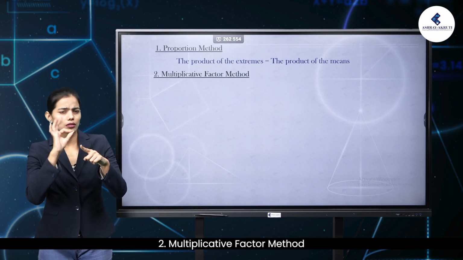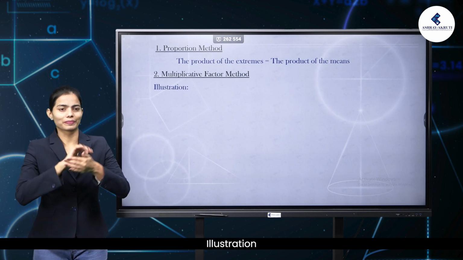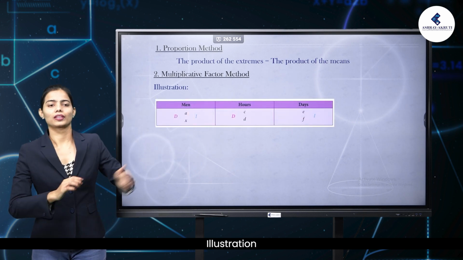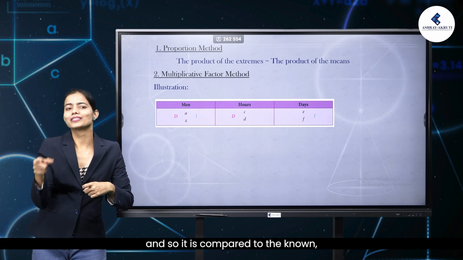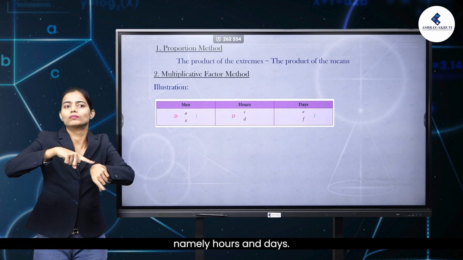Number 2, multiplicative factor method. Illustration. Here the unknown x is in men and so it is compared to the known, namely hours and days.